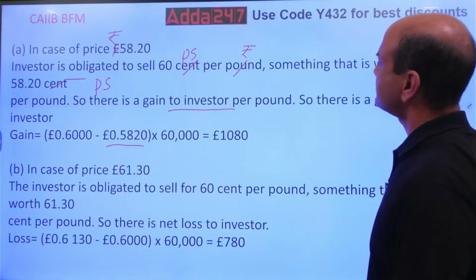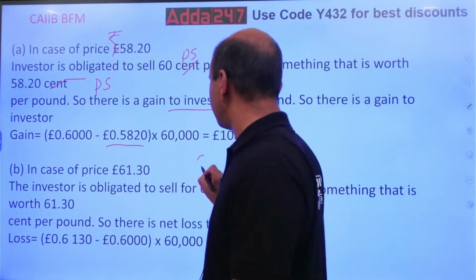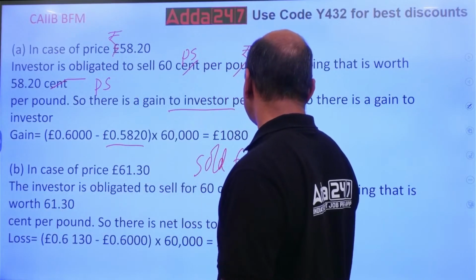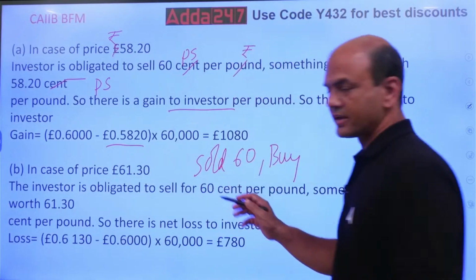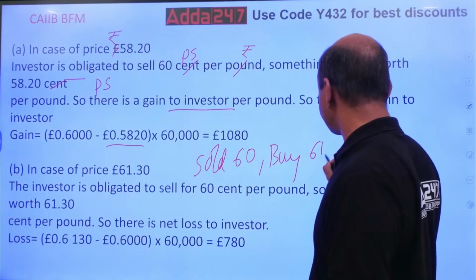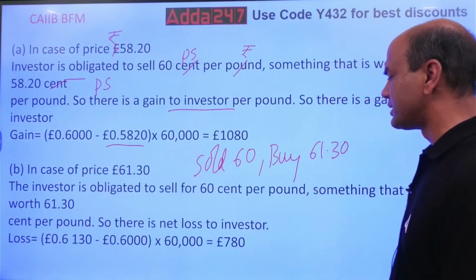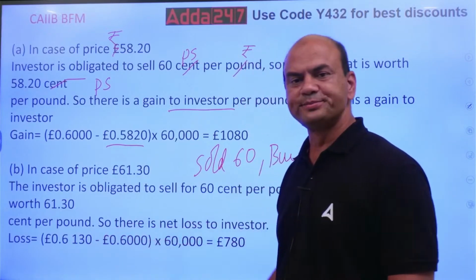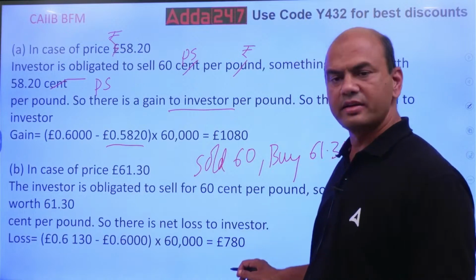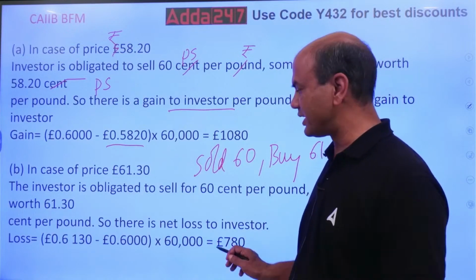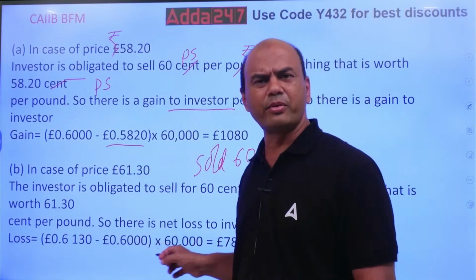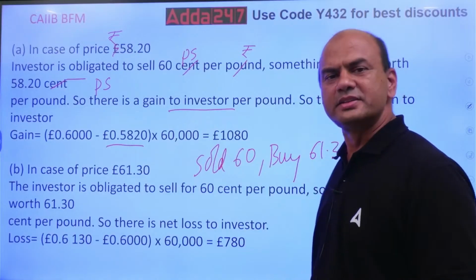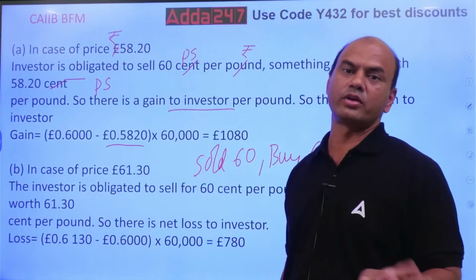So here, I have sold at 60, and buying at what? In the second case, the price has increased to 61.3. So subtract, it is 1.3. 1.3 into 60, do the calculation: 78, so the answer will be 780. The simple logic is at what rate do I buy and at what rate do I sell.